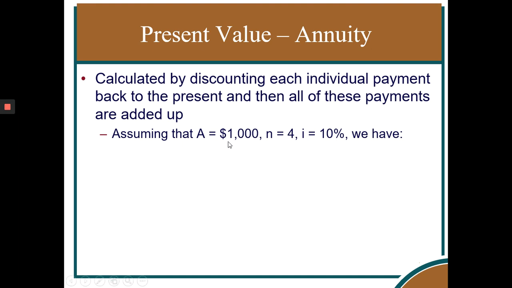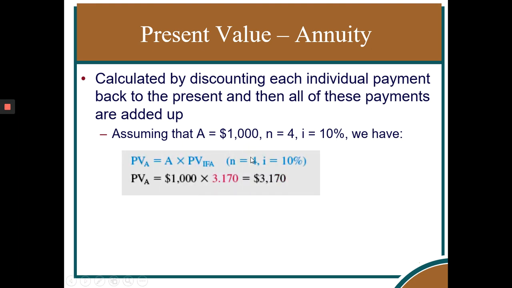So again, annuity 1,000, n equals 4, i equals 10%. Instead of calculating future value, now we're calculating present value. It's similar when it comes to working.